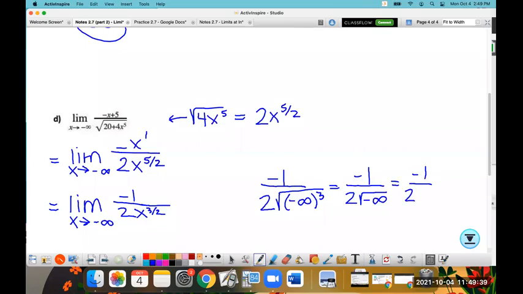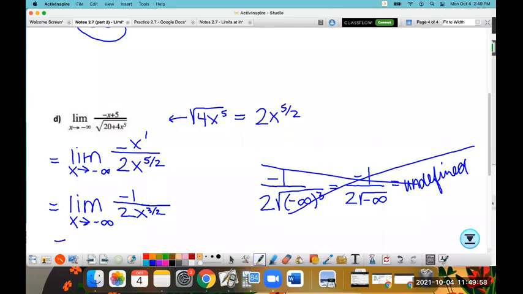Square root of negative infinity doesn't exist. This is undefined. So what does that mean for our limit? Does not exist. Nice.